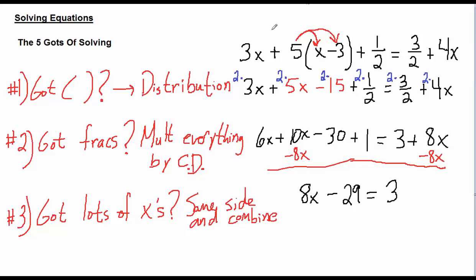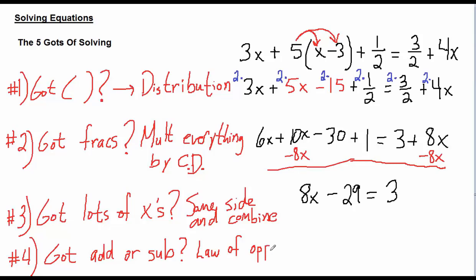Sweet. The next got, number 4. Got number 4 is got addition or subtraction. If you ever get to a problem and you've got addition or subtraction, you've got to take care of it by using the law of opposites, just like we did in the last problem.